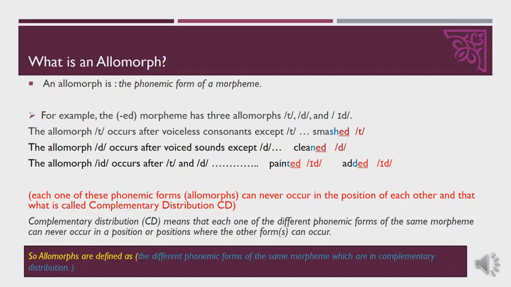So to summarize, the allomorphs are different phonemic forms of the same morpheme, different pronunciations of the same morpheme, which are in complementary distribution, which means that each one of these phonemic forms can never occur in the position of each other. Each one should occur in its own position. They cannot be replaced by each other.